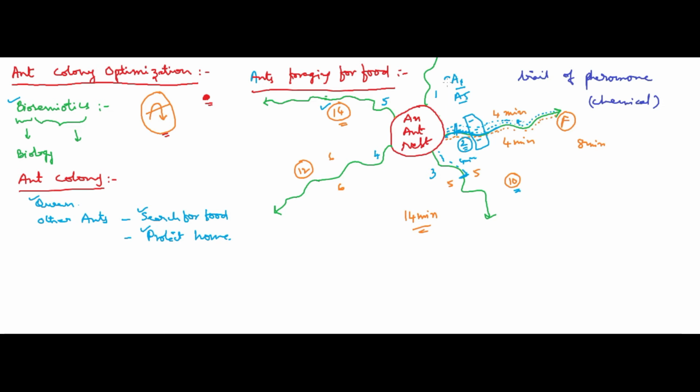Then many of these ants follow this route, and finally what will happen, all other routes are forbidden. So finally all other routes are forbidden and only one route remains, that is with 2. That's all. And this will be very strong now with huge pheromone.